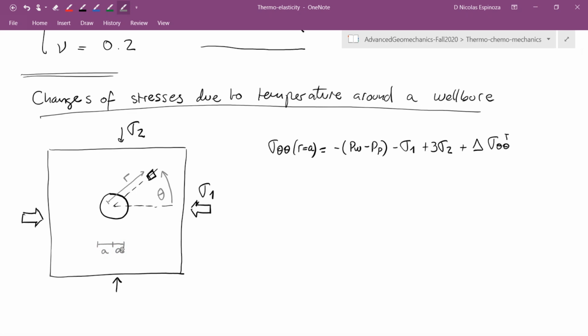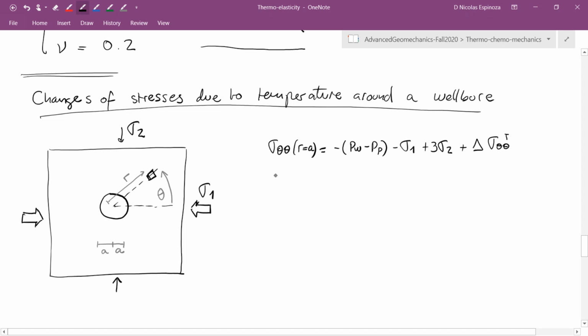So, okay, now I understand my equation. With this coordinate system, I can calculate what the stresses around the wellbore are, and this is going to depend where you are around the wellbore.